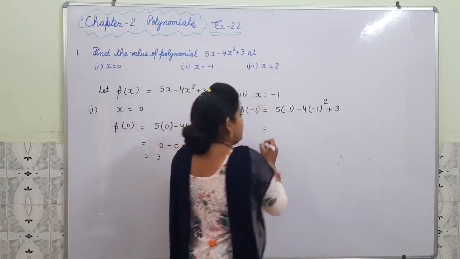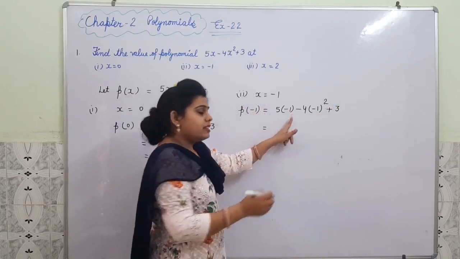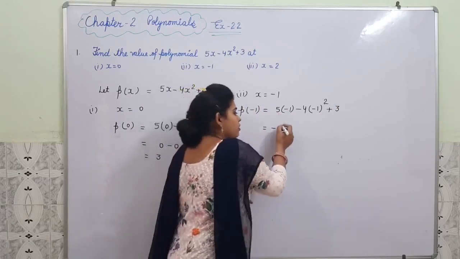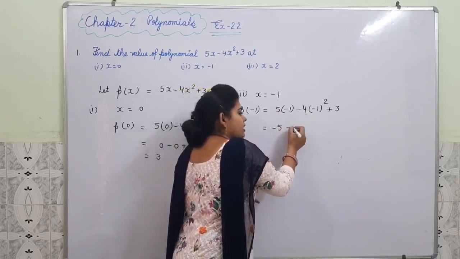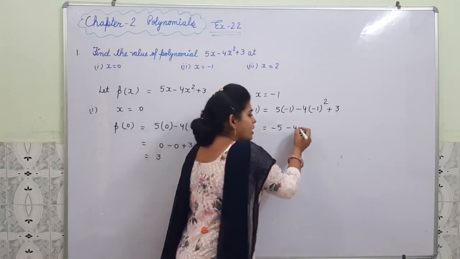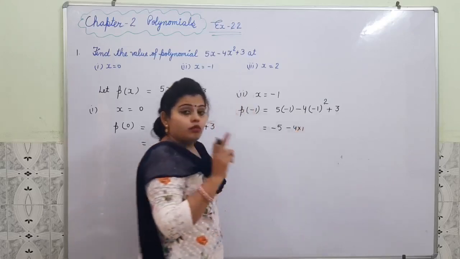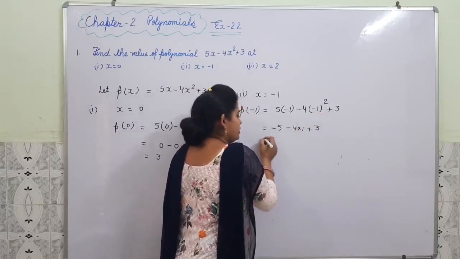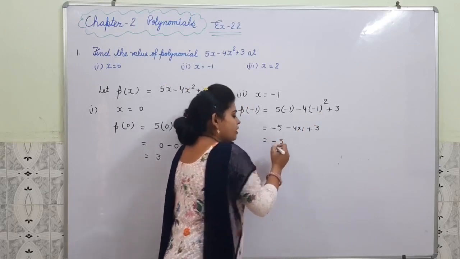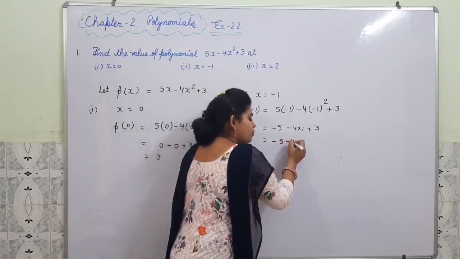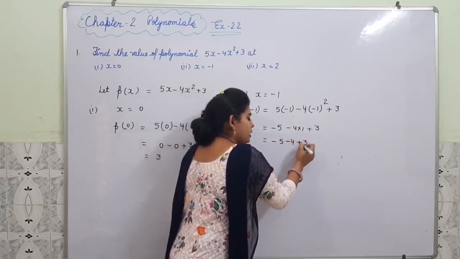Here plus minus we will get minus 5 multiplied by 1, 5 minus 4. Square of minus 1 is 1. So what will come here? 1 plus 3. Now minus 5 minus 4 into 1, minus 4 plus 3.